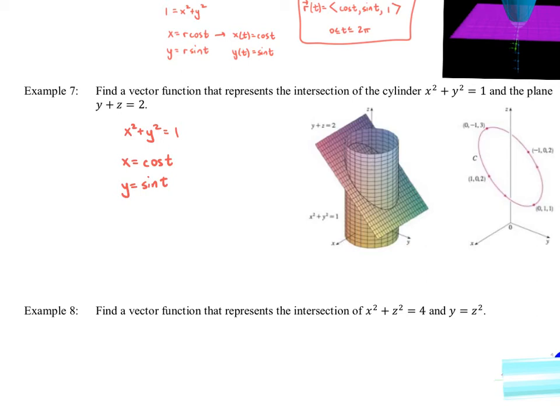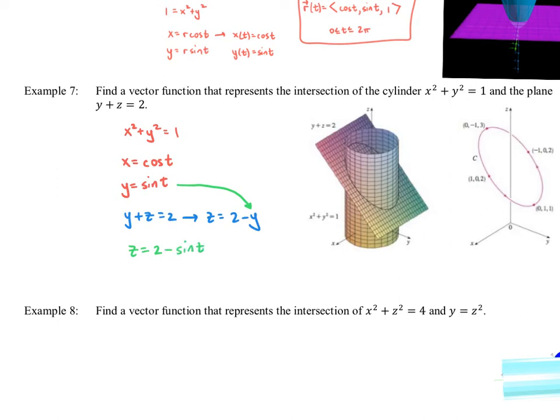Okay, if that's the case, we have y plus z is equal to 2, and if I solve for z, I get z equal to 2 minus y. Now remember, y is equal to sine of t based on our first set of parameters, which means that we could write z equal to 2 minus sine of t.